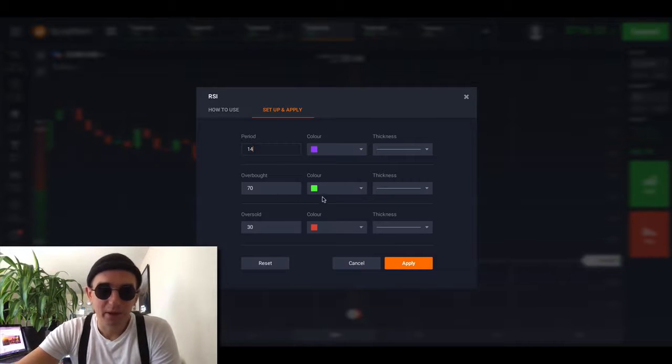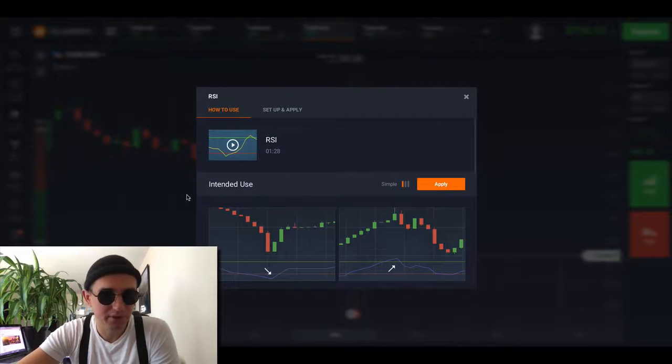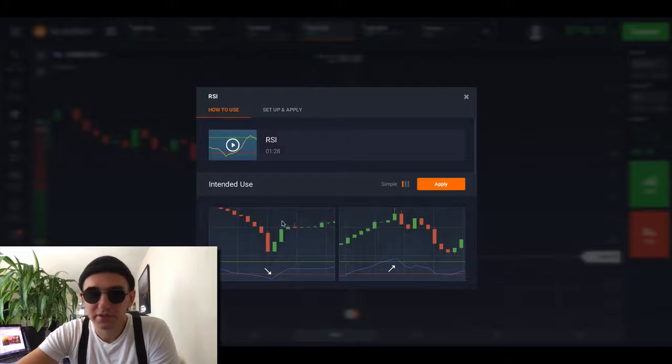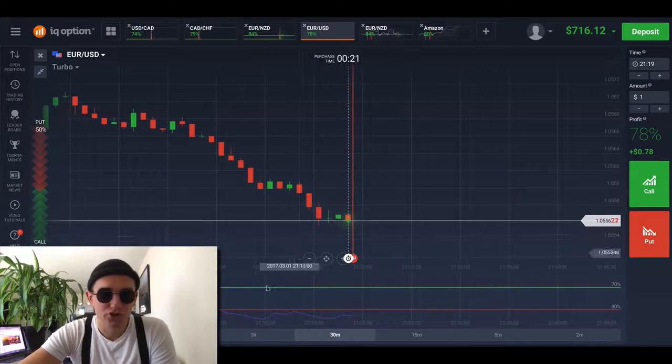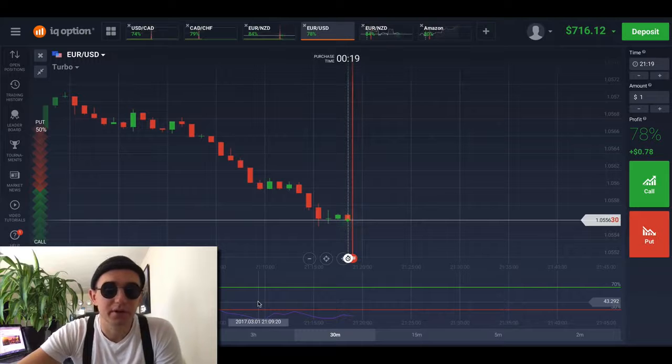But I'm going to use just the default settings here. Whenever you choose any of the indicators, you can also watch the video explaining its details. There are screenshots showing how it's going to look on your graph, and when you apply it, it's going to show up here at the bottom.